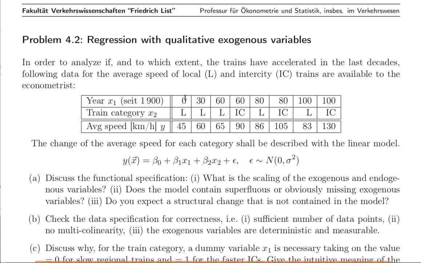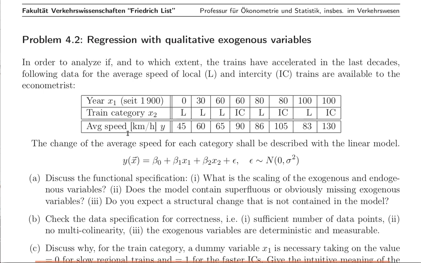That means that's more than a century ago, and this is year 2000, because our indicator for year is just the year minus 1900. Then we have a train category, and that is the mentioned qualitative exogenous variable. There are local trains and there are fast trains, for example intercities.